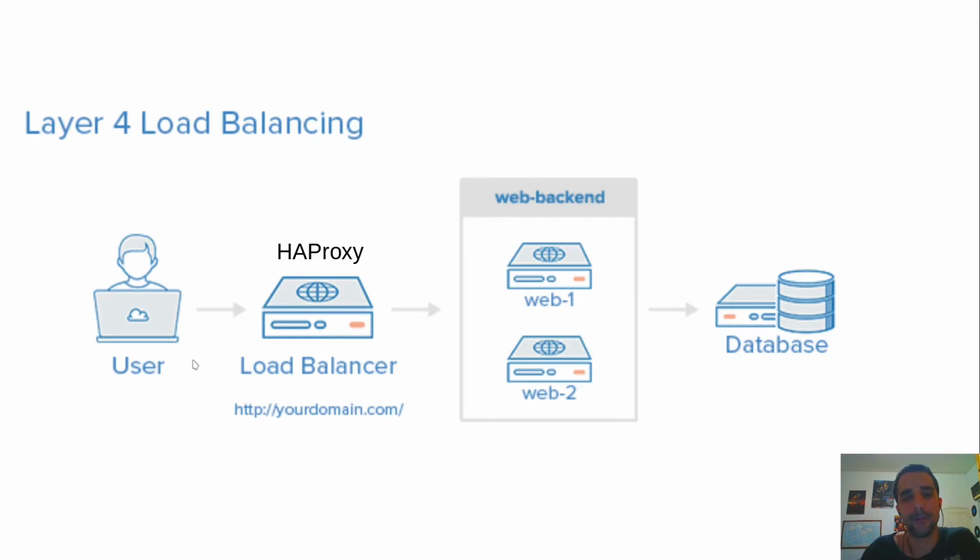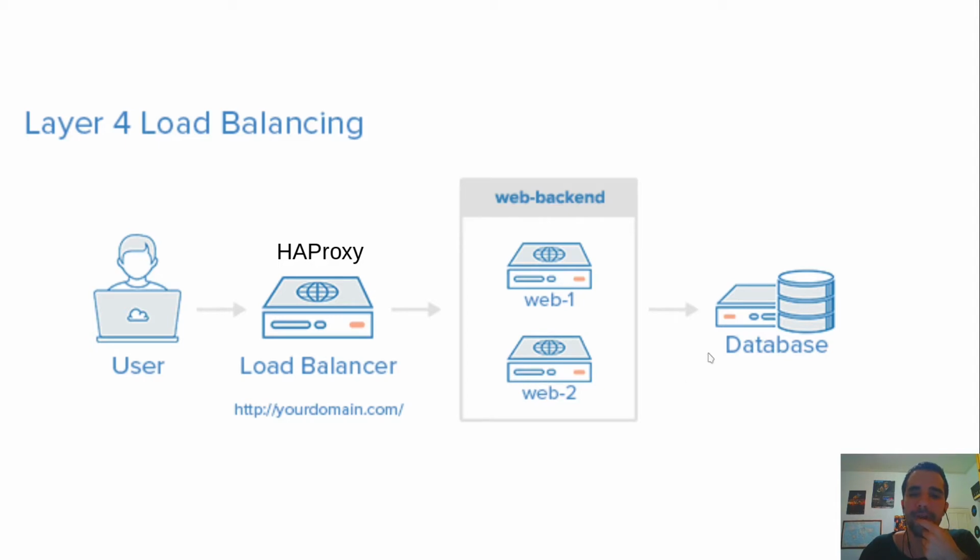So the user sends the request to the load balancer, and the load balancer will, depending on different balancing algorithms, route this request to this web server, this web server, or this web server, and of course it will always go to the database.